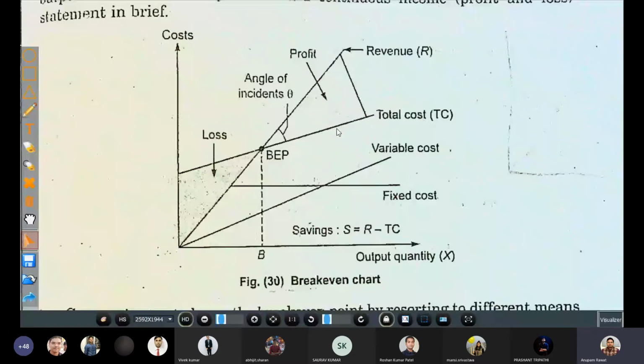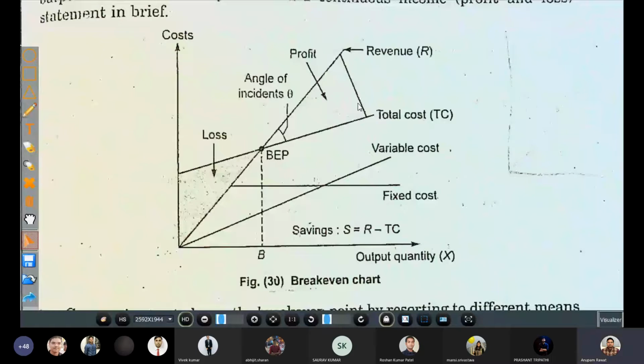That means if you produce B units of the product, you will get neither profit nor loss. The total amount you invest, the total amount you will get. After that point, the more products you produce, the more it counts as profit. So this portion becomes the profit, and the bottom portion, the dashed or darker portion, is considered as the loss.